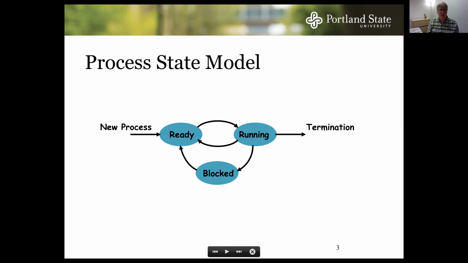But typically a process finishes in a healthy state, finishes running, and leaves the running state into a terminated state. But the question is, if there are many processes that are ready, which one should run next? That's the process scheduling problem. Which of the many ready processes should run next?